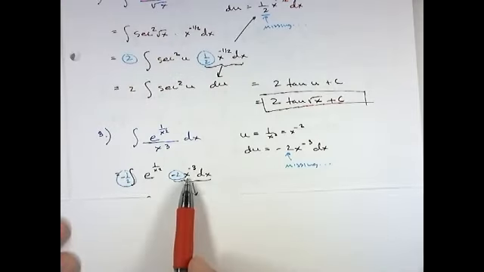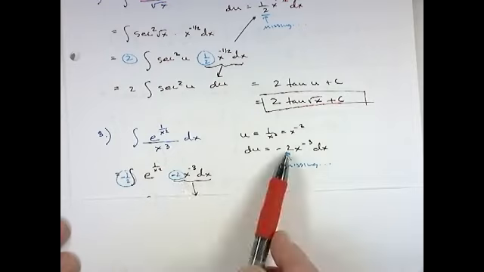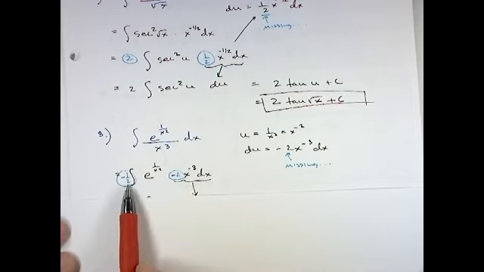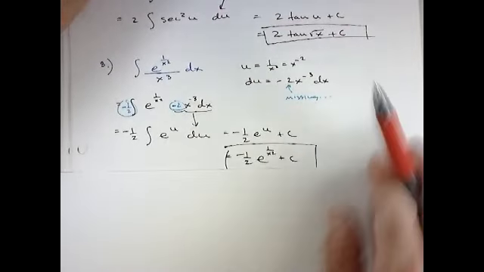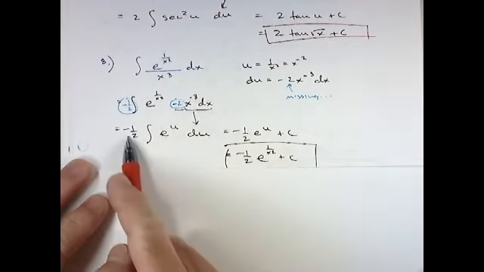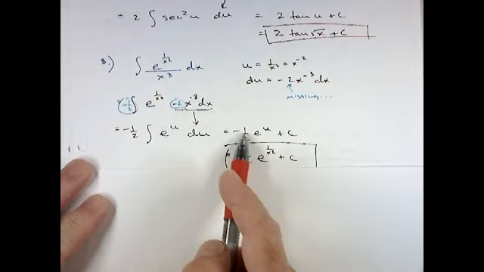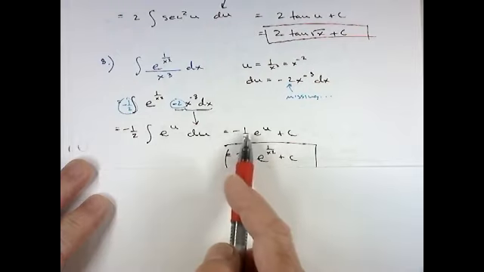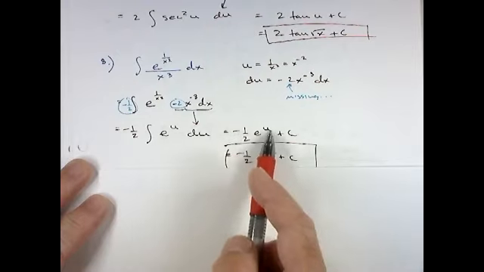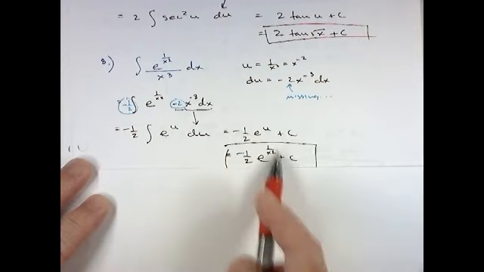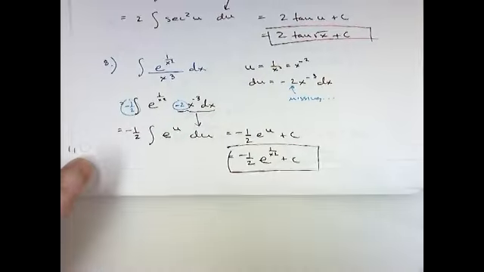So I brought up the x to the negative 3 there, but I was missing the negative 2, so I put one there, compensated with a negative 1/2 outside the integral. And my integral now becomes negative 1/2 times the integral of e to the u du. Remember, the antiderivative of e to the u is your favorite integral. It's just e to the u. So negative 1/2 e to the u plus c. Put your u back in and you're done.